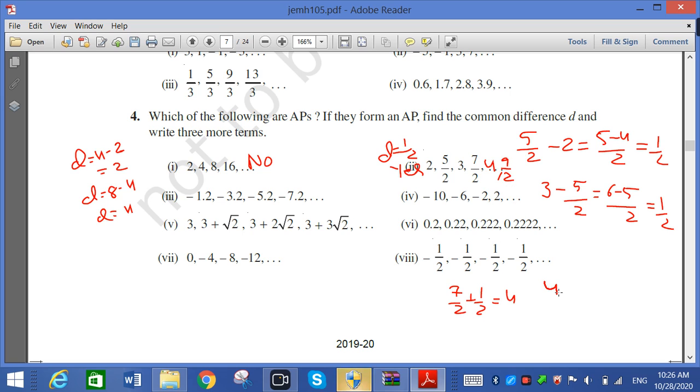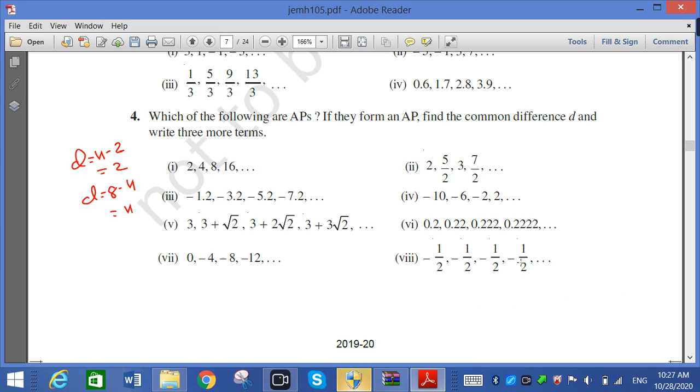Why? Because the difference is half, we have to add. That is 9 by 2. Then we have to write 5. So the fourth question is important. I have already discussed it. We have said here it is no, here it is yes. Same thing you can find out yourself from here.